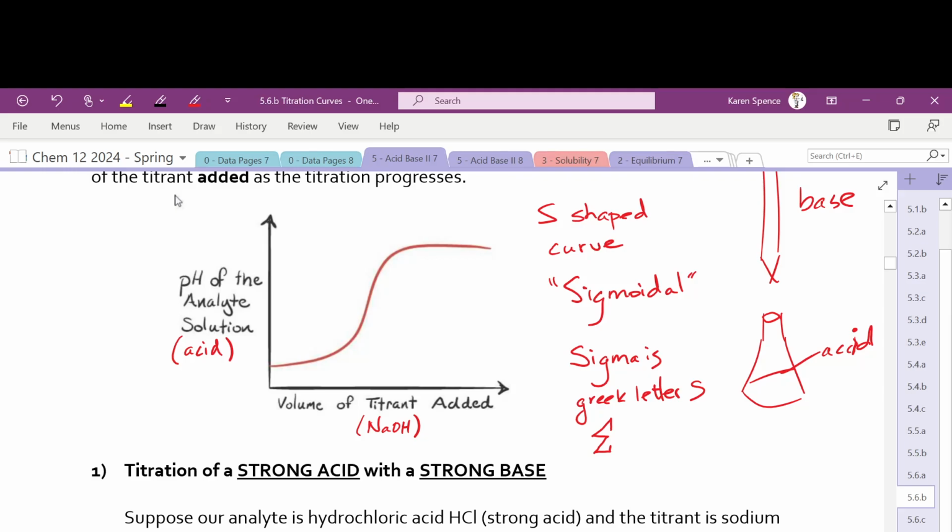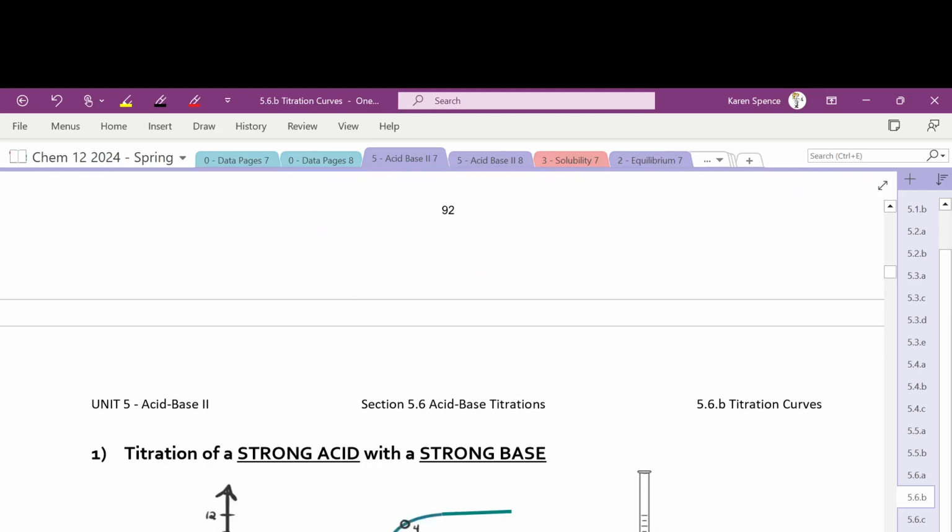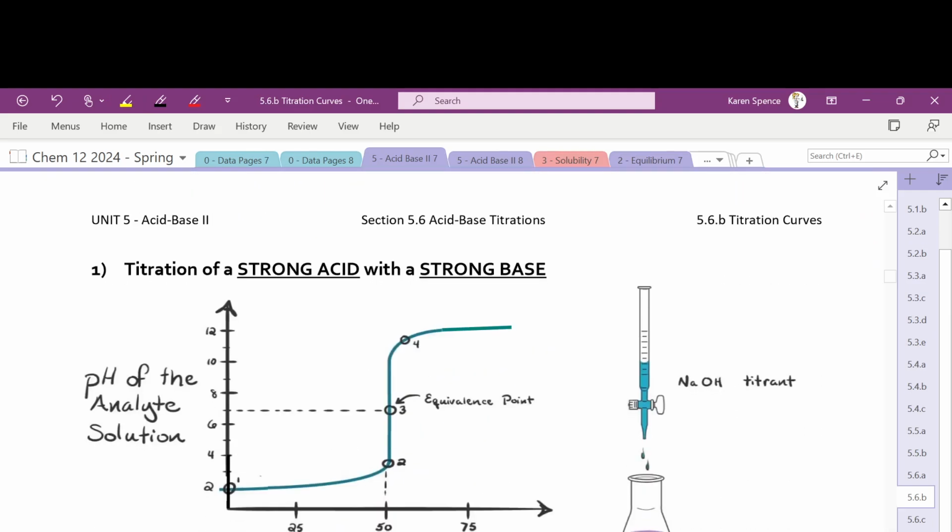All right, so now we're going to look at the most common and easiest type of titration. This is a strong acid with a strong base. And you guys just wrote a quiz yesterday about mixtures of strong acids and strong bases. Okay, so we're going to deal with hydrochloric acid, our strong acid, and NaOH, our strong base. And our titration curve will look like this.